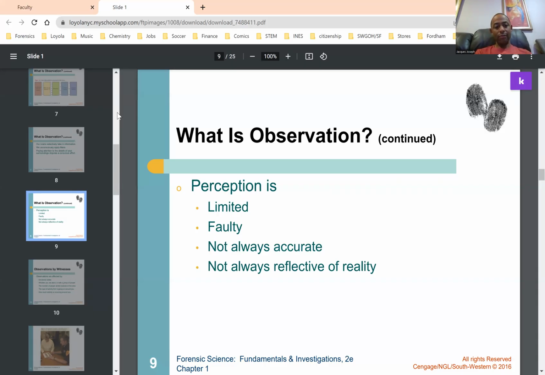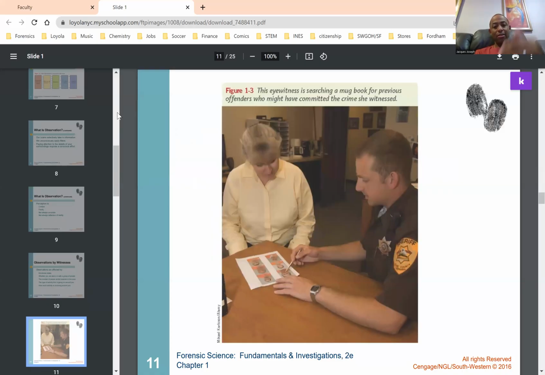For example, in this case, you see the police showing mugshot books to an eyewitness, and perception comes into play.